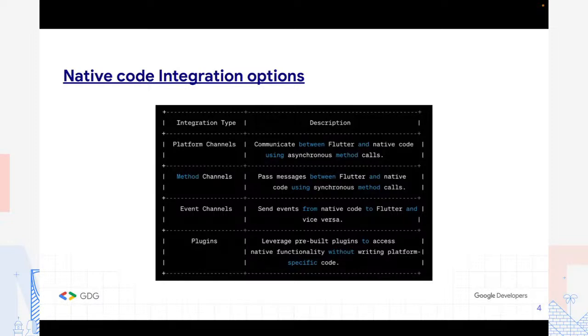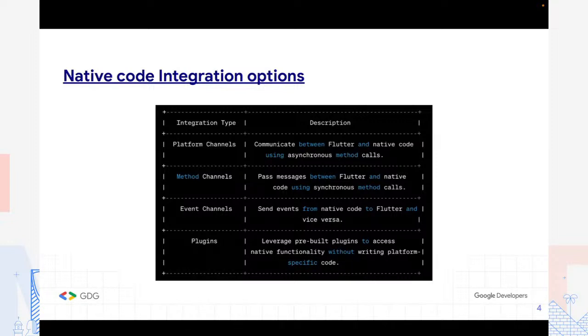If such a thing does not exist, then what I'm going to do is write a Flutter app, and I'm going to write the platform specific code for that use case, where the code that I write is going to extract the device features and pass them to the Flutter app.